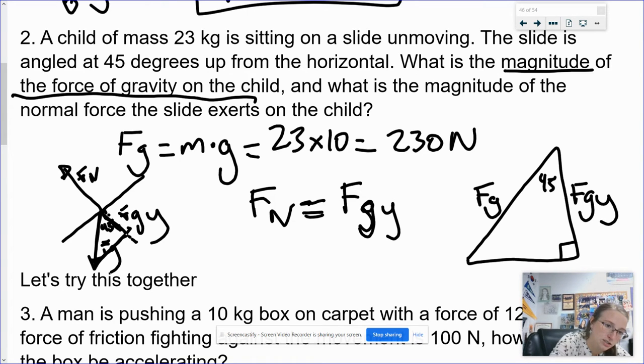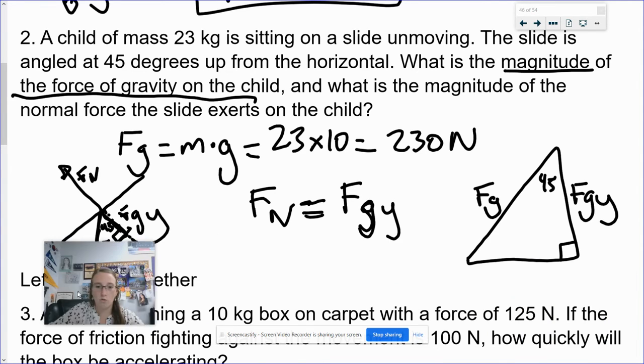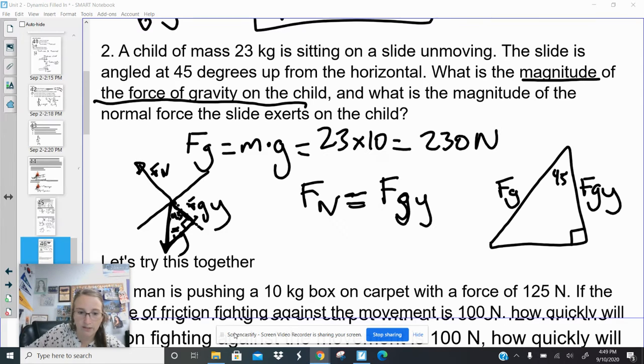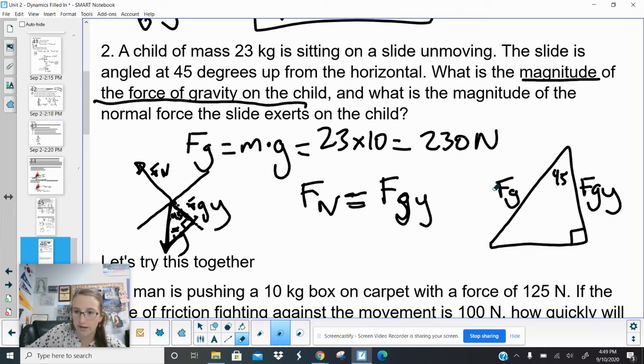Again, I just took this triangle and I tilted it. My right angle is right there. Okay, so again, we know what the force of gravity is because we already found it. We found it to be 230 newtons, so I'm going to erase that. Force of gravity is 230 newtons.